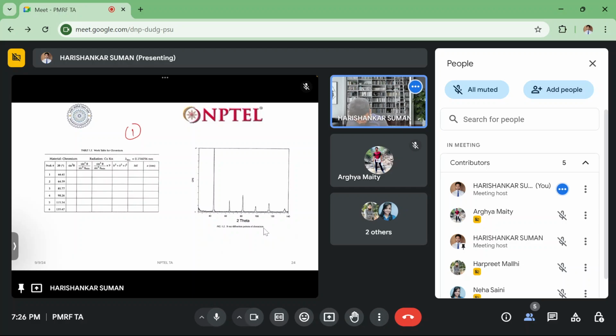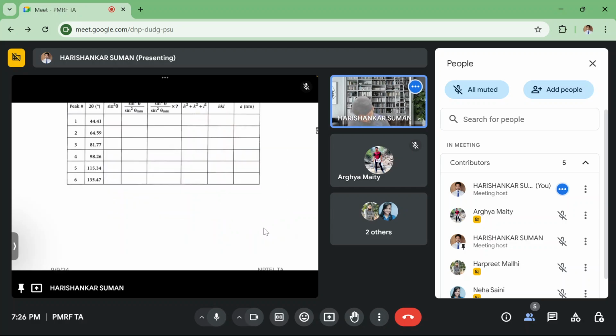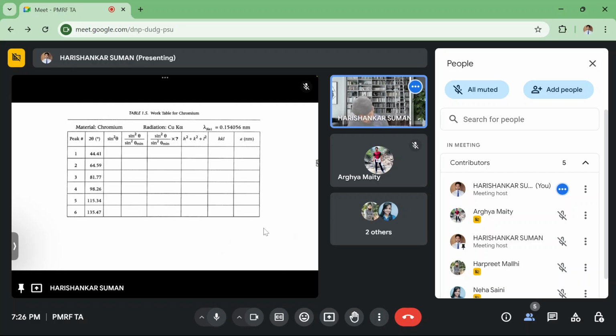Fifty 54.41 and sin square 0.1428. Okay, then 64.59 divided by 2.